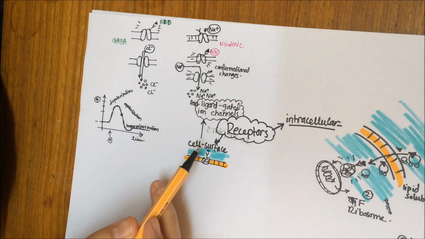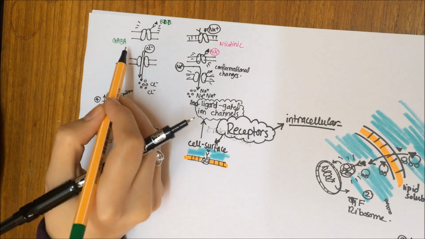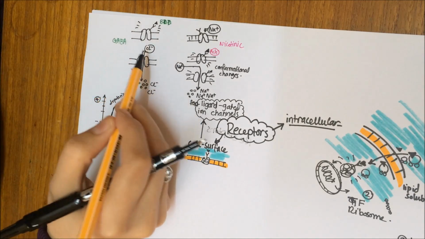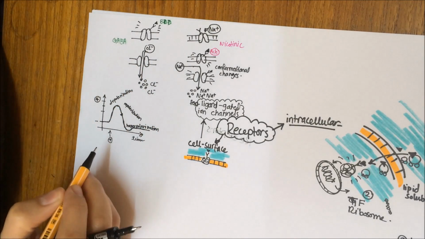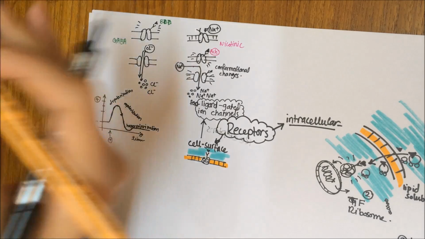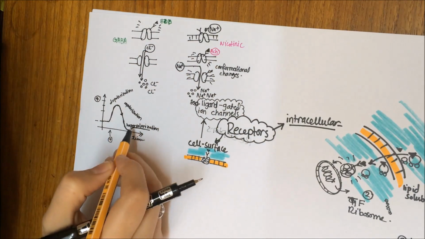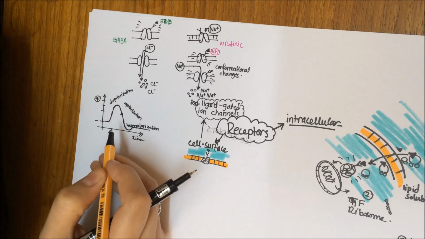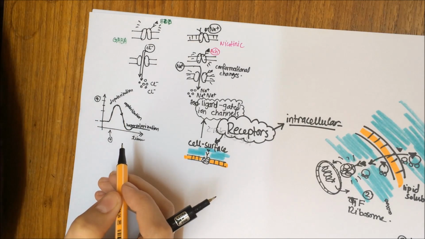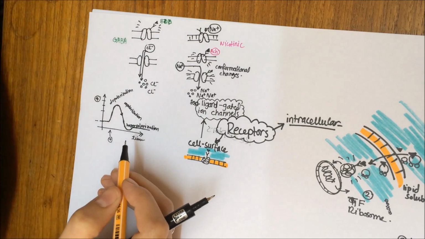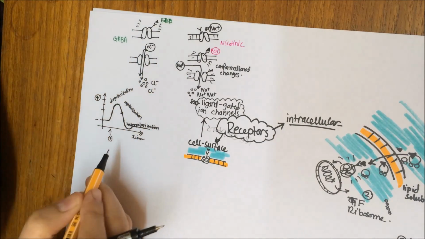If this cell is at the resting potential and we activate the GABA channels, chloride is inside, we are hyperpolarizing the cell. So for the action potential to appear in this cell, we need a higher Na influx or positive ions influx. So this is inhibitory. The GABA channels are usually inhibitory.